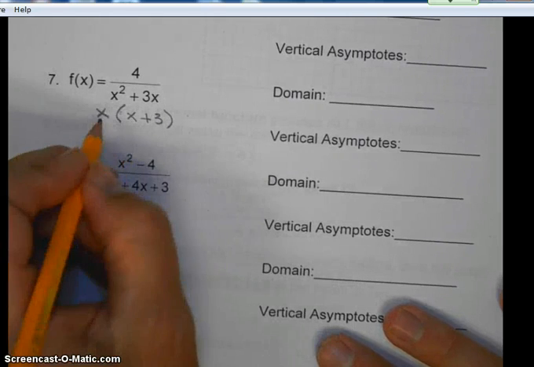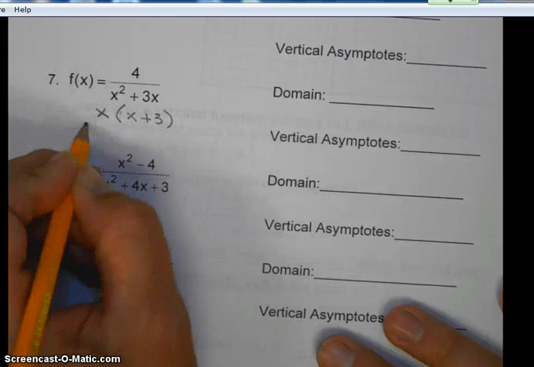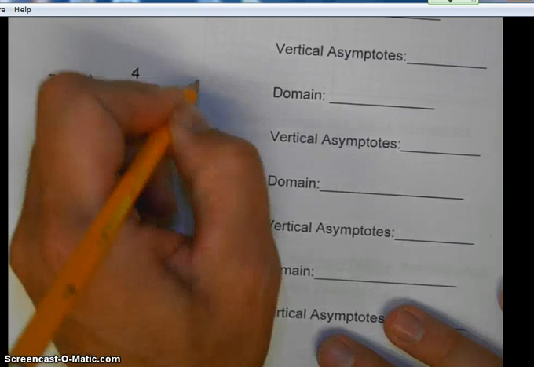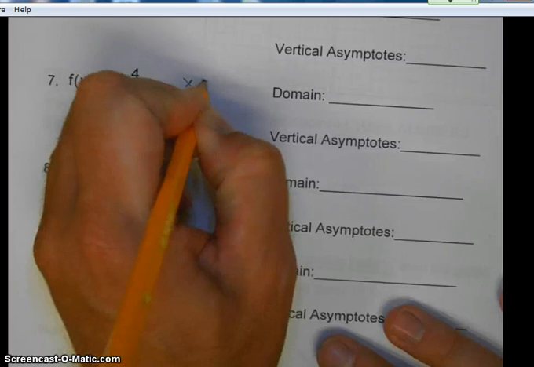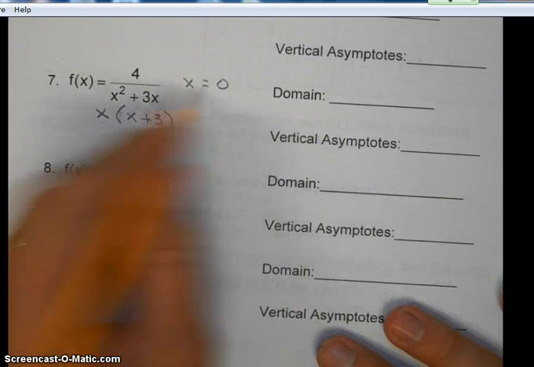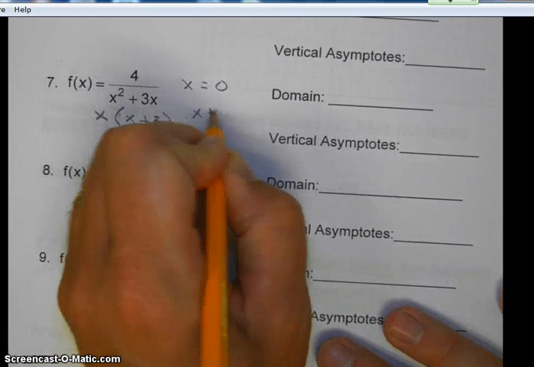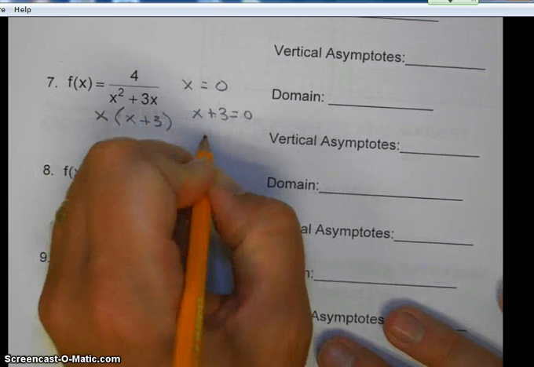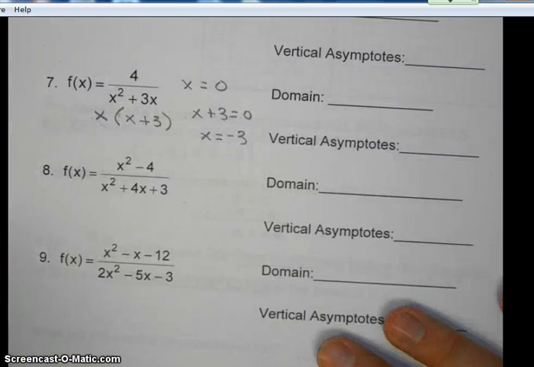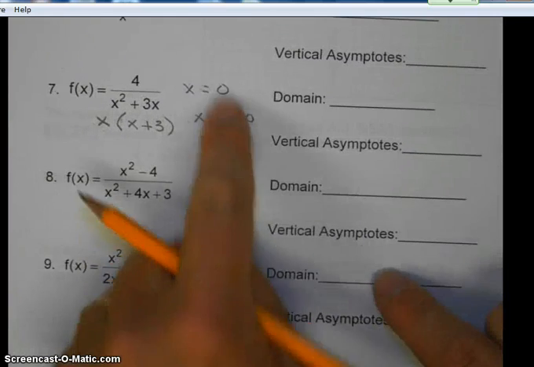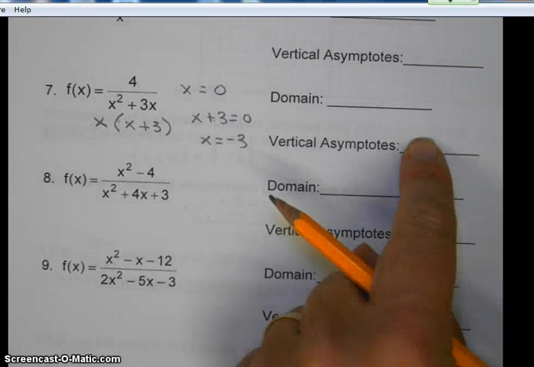Then we have to set each factor equal to 0. So we're going to have a vertical asymptote at x equals 0 and then x equals -3. Those would be your two vertical asymptotes.